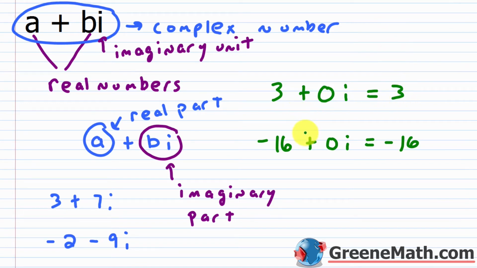All real numbers are complex numbers. You can write them as plus 0i, so 3 plus 0i is 3, negative 16 plus 0i is negative 16, so on and so forth. But not all complex numbers are real numbers, okay? The complex numbers include more numbers. They're a larger set. So I could do something like 2 plus, let's say, 5i. This is a complex number. I cannot write this as a real number.